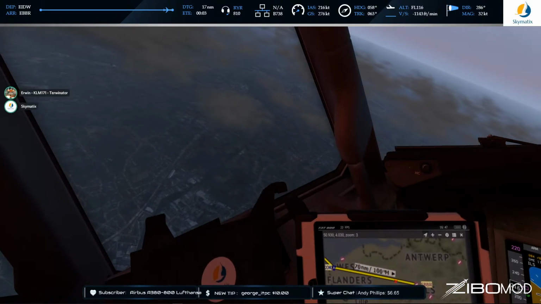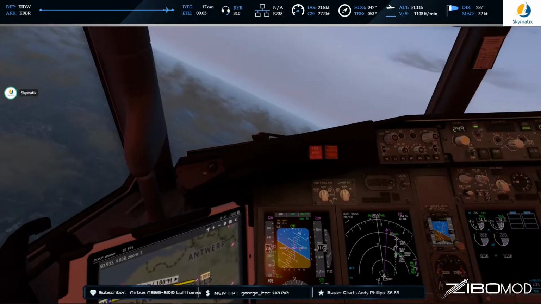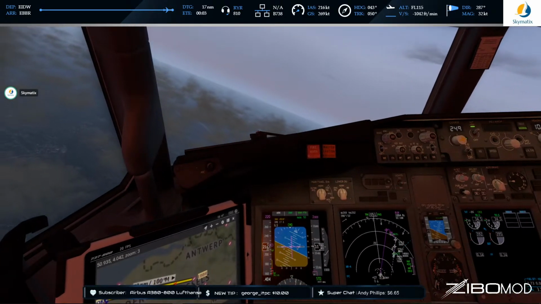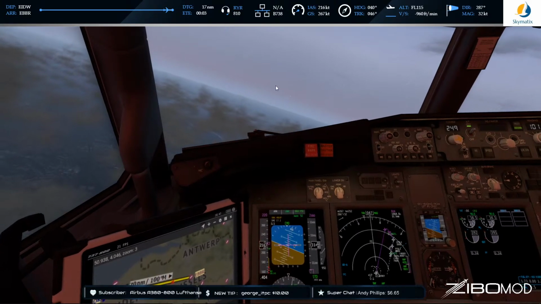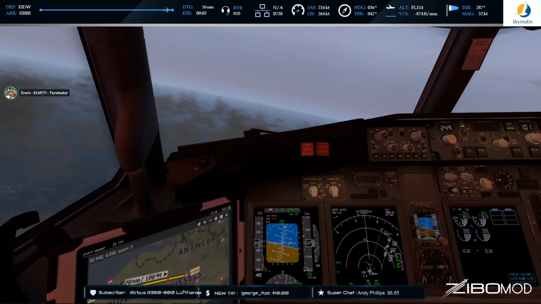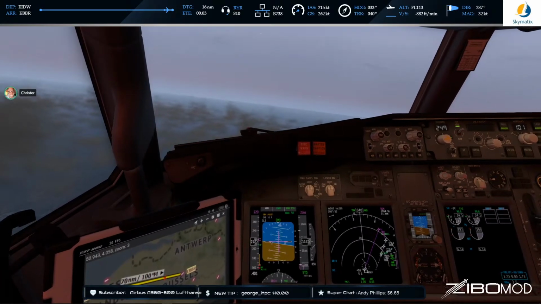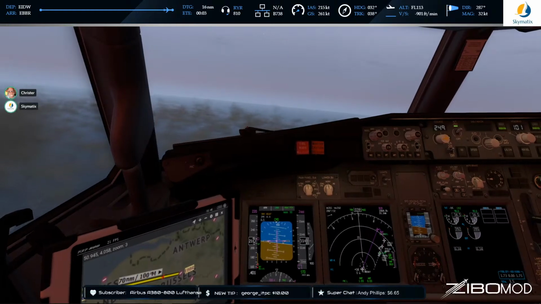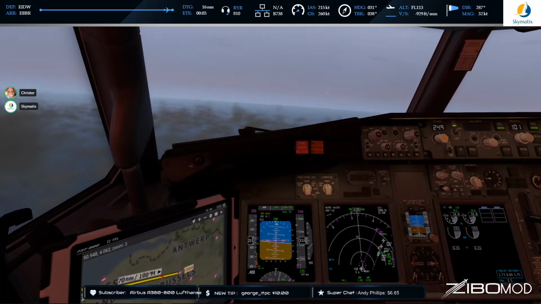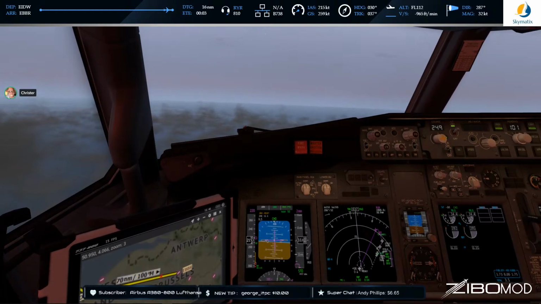Beautiful. See, it's cold in Brussels, Nico. 3 degrees according to the last METAR I saw, yes. On your roster it says EBBR. Where do you see that? In the roster. Okay. It's very cold. Yeah.